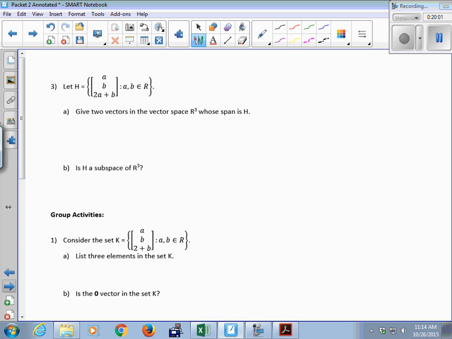All right, one more we'll do together. So I'm looking at another set H that looks like A, B, 2A plus B. Give me a couple vectors in this set. 0, 0, 0, that's good. 1, 1, 3.